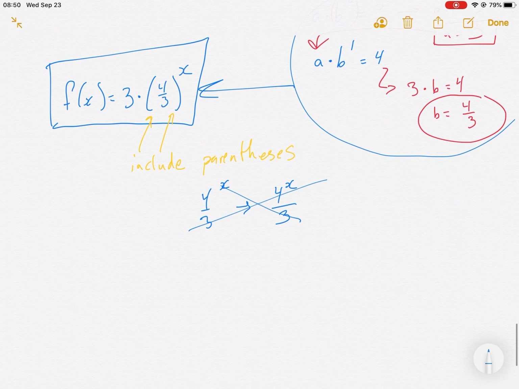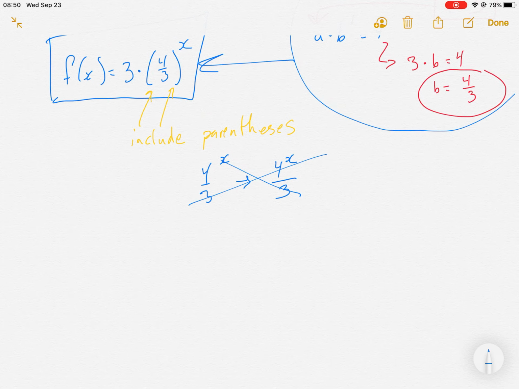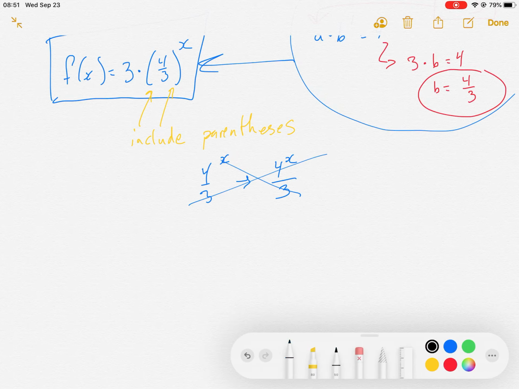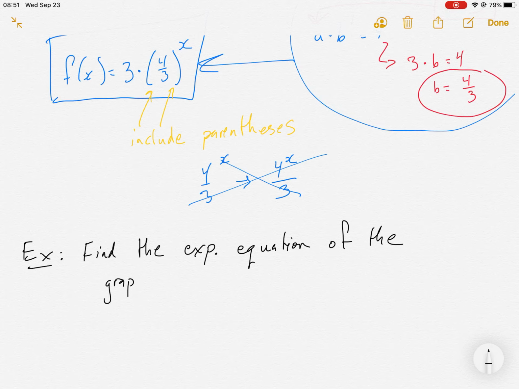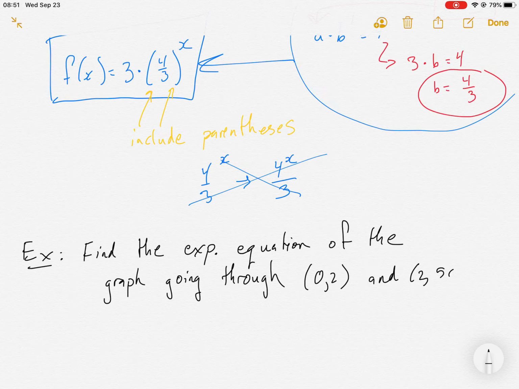All right, let's try another one. Let's say in this case we have the points, find the exponential equation of the graph going through the points 0, 2 and 2, 50.